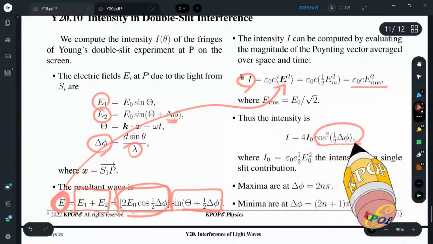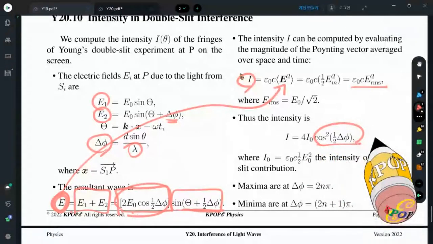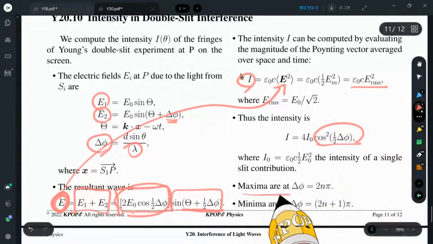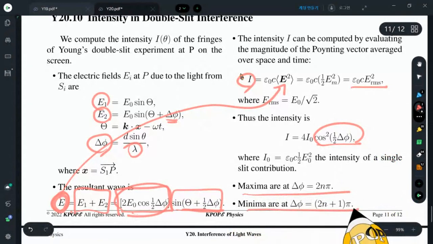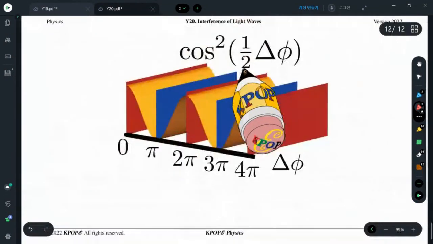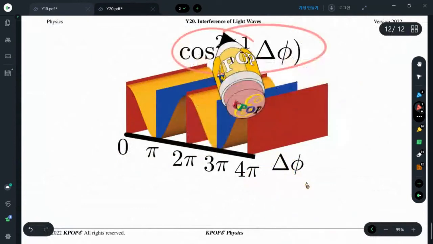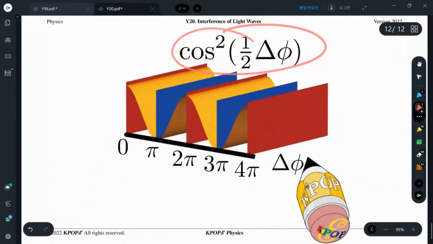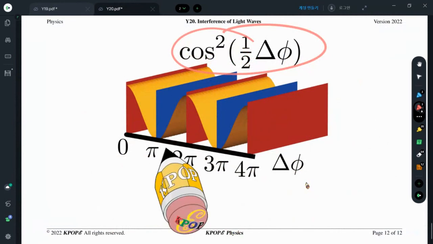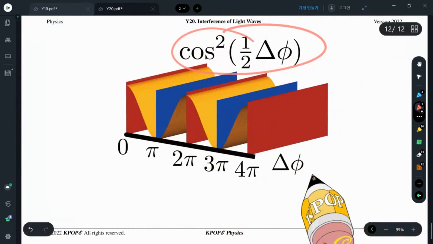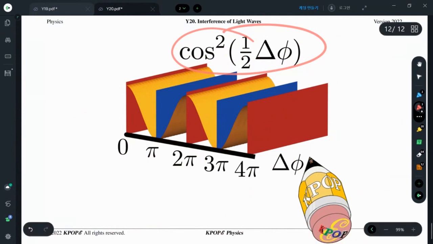This relation is the key formula to determine where the bright and dark points are placed. And this one is drawn in here, depending on the phase difference originating from the path length difference.